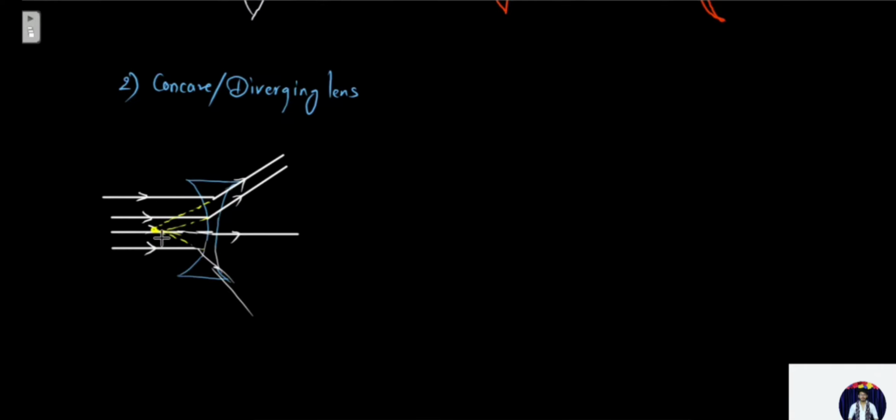The concave or diverging lens is going to have a virtual focus, and it diverges the parallel beam of light on refraction through it.